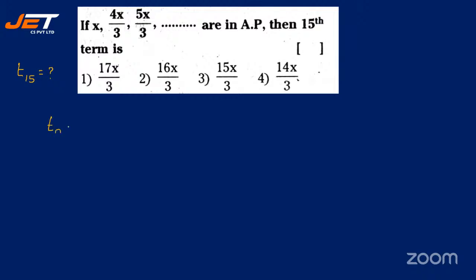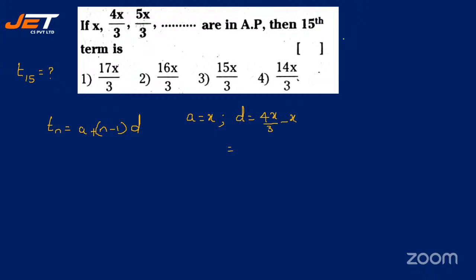What is the formula for Tn? a plus (n minus 1) into d. What is a? a is x. What is d? Second term minus first term.